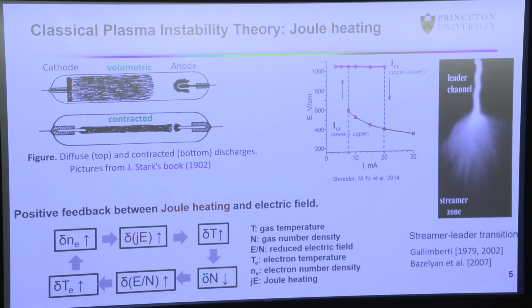When the number density decreases, E/N increases, which means the electron temperature is increasing. The electrons collide with the neutral molecules and give you more electrons. This process keeps going, and it is called thermal instability. In plasma, people talk about several instabilities, and one of them is thermal instability.